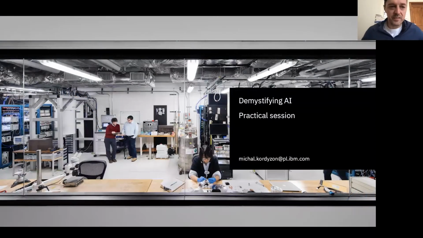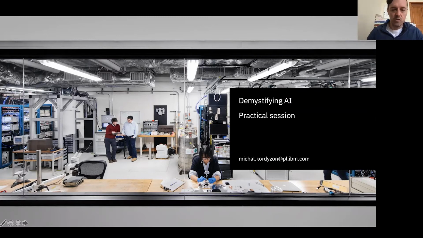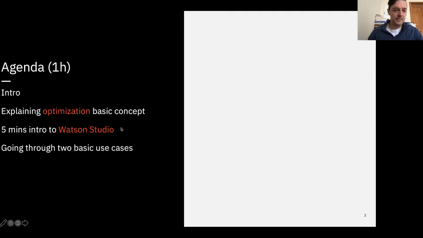Okay, so this is Build with AI and Demystifying AI practical session. The agenda for today is just a quick introduction. Then I will focus on one of the AI areas, which is optimization.